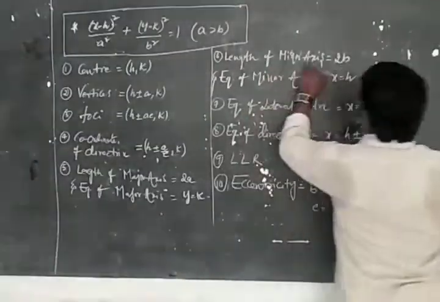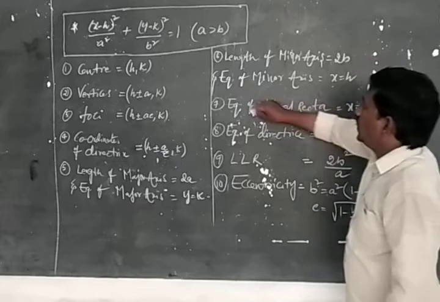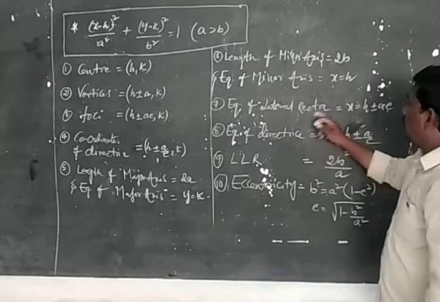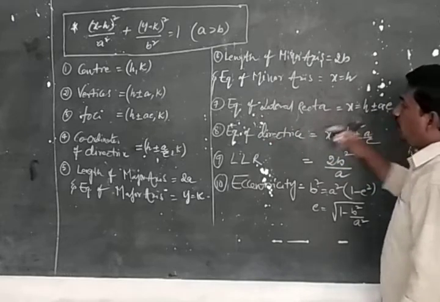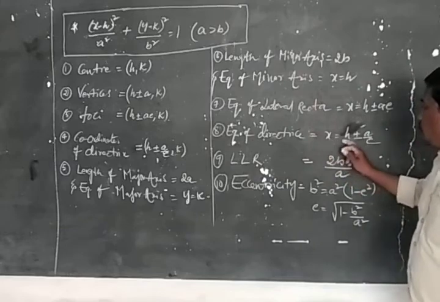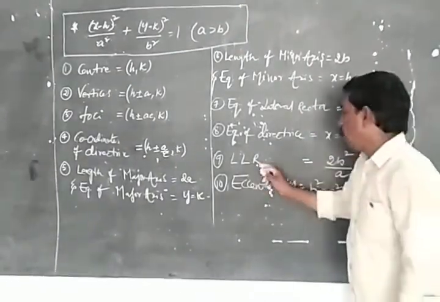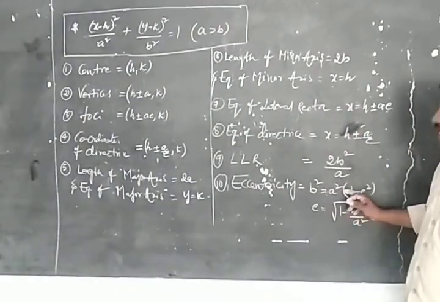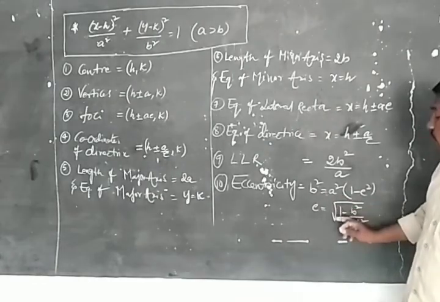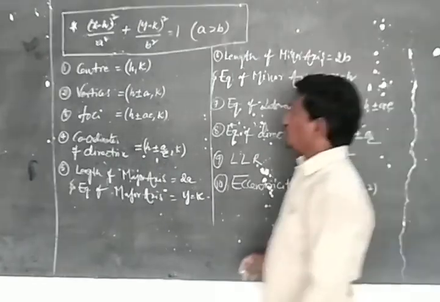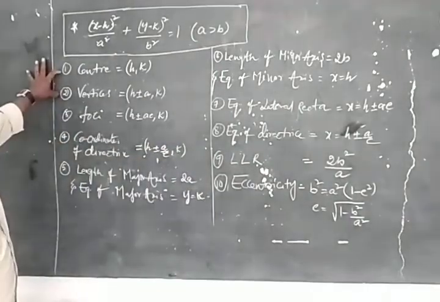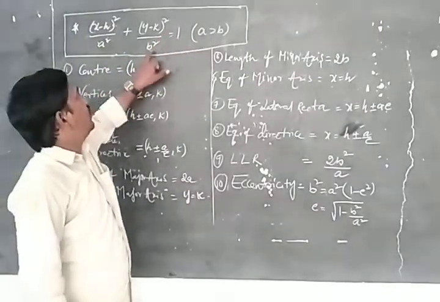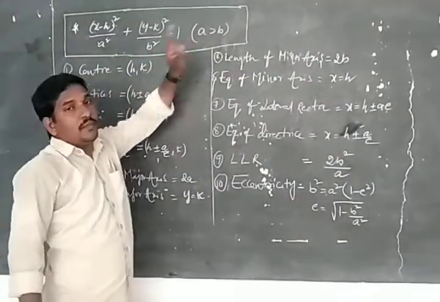Now length of minor axis 2b and equation of minor axis x equal to h, equation of foci x equal to h plus or minus ae, and equation of directrix x equal to h plus or minus a by e, and LLR 2b square by a, eccentricity b square equal to a square into 1 minus e square, and e equal to root of 1 minus b square by a square. So these are the 10 components of x minus h whole square by a square plus y minus k whole square by b square equal to 1, a greater than b.